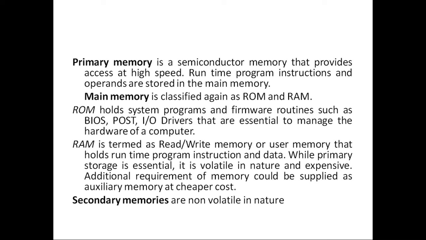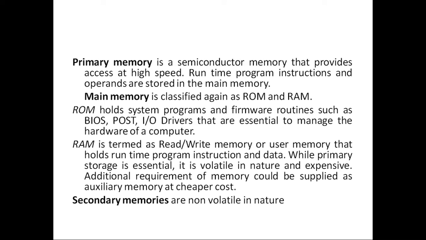Main memory is classified again into read-only memory, ROM, and RAM. Read-only memory holds the system programs and firmware routines such as the BIOS, POST, IO drivers, etc. that are essential to manage the hardware of a computer. The moment we switch on, with the BIOS, it checks whether this part is there, that part is there, all things. Then the second part of main memory is the RAM.